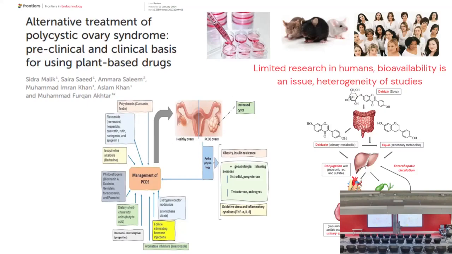Maybe you do. But what happens when you put it into free living human beings? How much do you need, and does it work? A lot of the research is in vitro, it's in mice. And the problem that we have with human beings is that when you look at what happens in the actual gastrointestinal tract, as soon as molecules get absorbed in the digestive system, they pass through the liver, and they're altered.